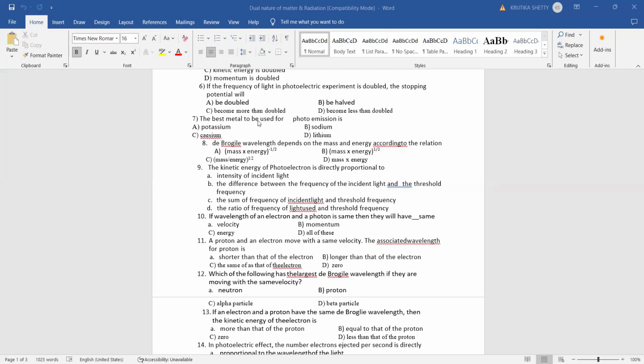Go for question number 7. The best metal to be used for photo emission is cesium.